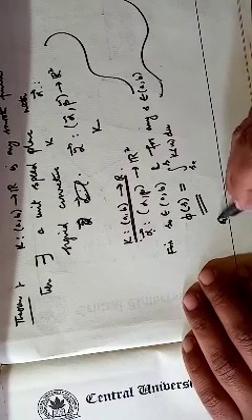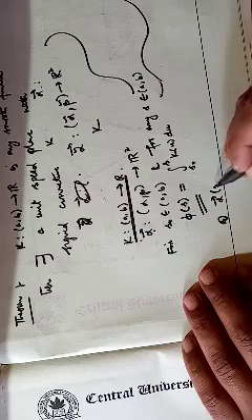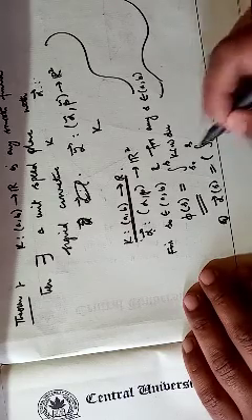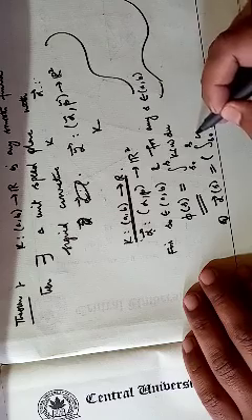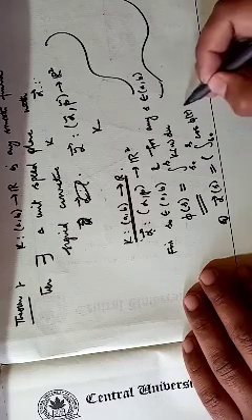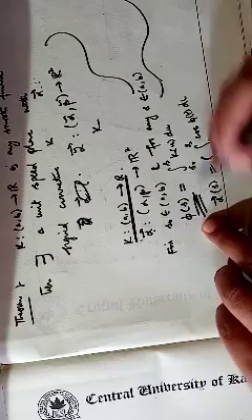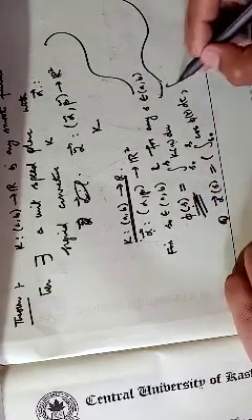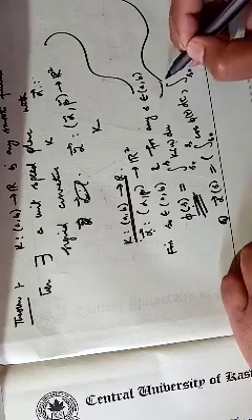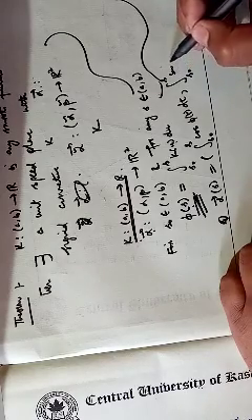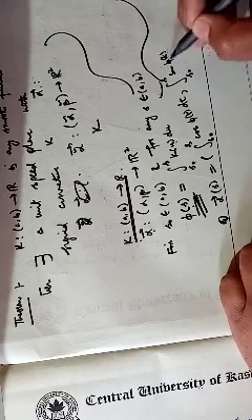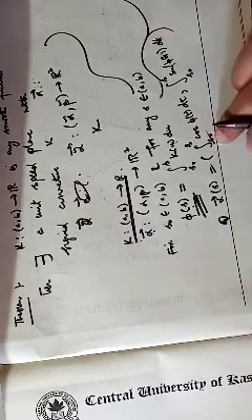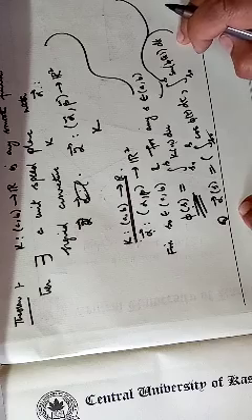I define alpha at s, my plane curve, to be the integral from s naught to s of cos of phi of t dt, and sine of phi of t dt, a pair of numbers, which means it lies in R2, right?